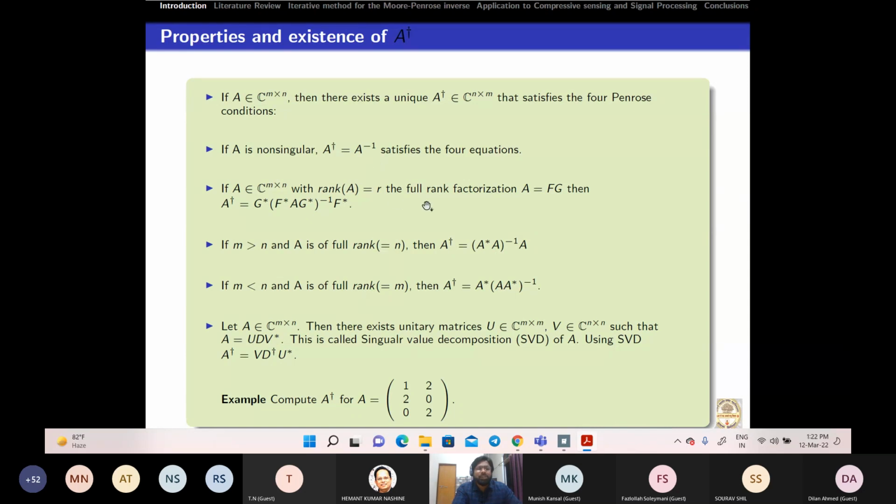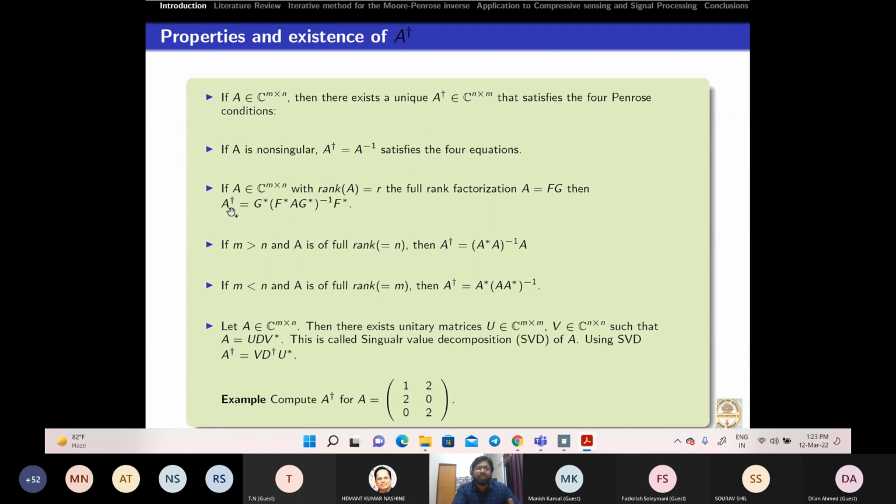Now I'm discussing some of the direct methods for the computation of the Moore-Penrose inverse. So this is a direct strategy. If A is an M cross N matrix whose rank is R, we know, maybe from an undergraduate linear algebra course, that we can factorize A. This is called rank factorization of A. Once you factorize A like FG, its Moore-Penrose inverse is coming out to be G star F star A G star minus F star.